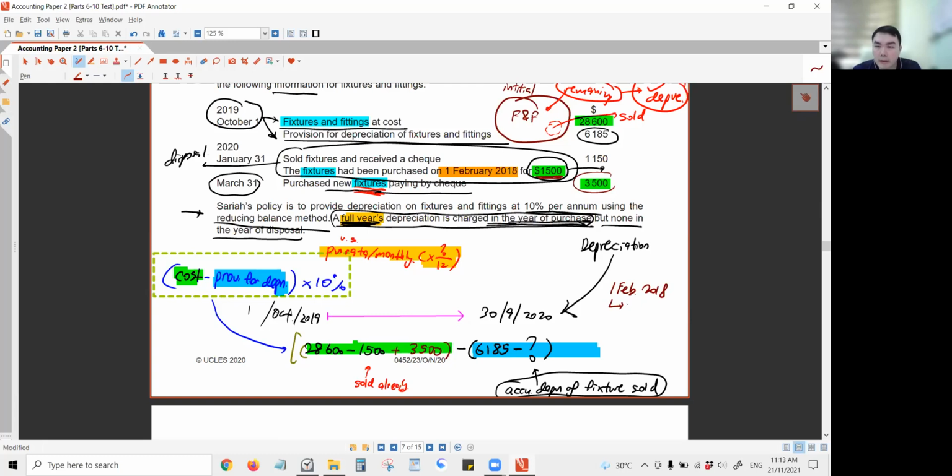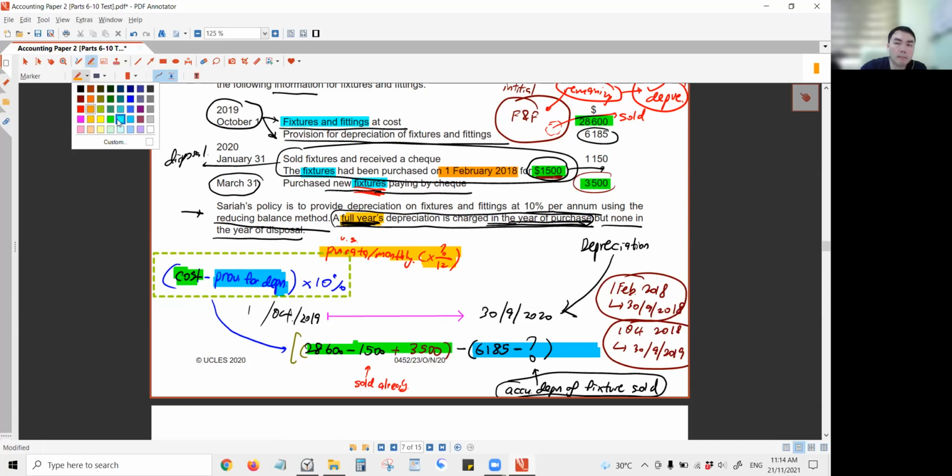So have to look carefully at the dates. 2018, charge it one time here. And then you have to charge for another year, October 1st, 2018, all the way until 30th September 2019. For these fixtures that you sold off, you have accumulated 2 years worth of depreciation, because you bought on this day.